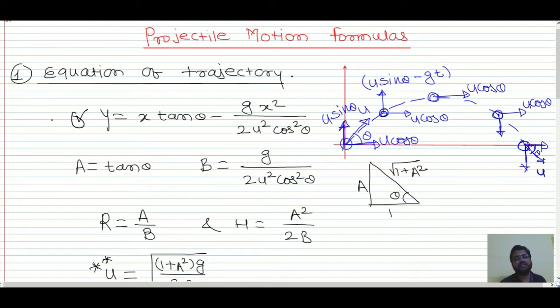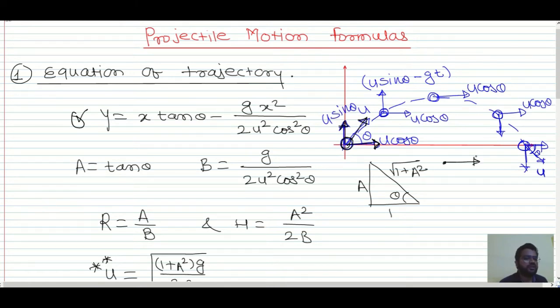So how did it come? As you can see, if I throw the ball with velocity u, then it will have a horizontal component and a vertical component. The horizontal component is u cos theta and the vertical component is u sin theta. The vertical component will change because of g. Why?